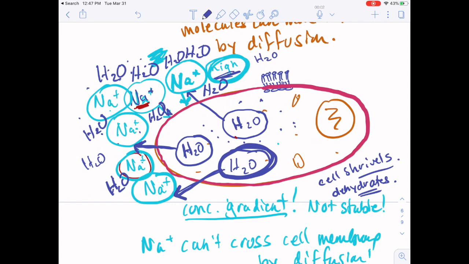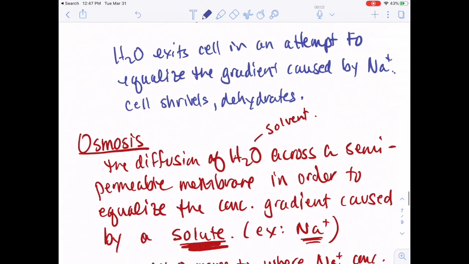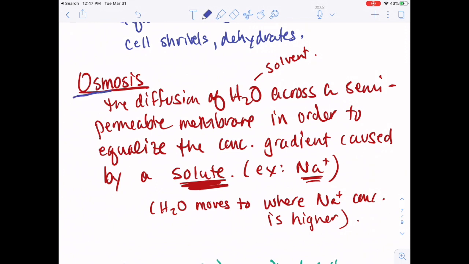by a solute. So let's look at that definition that we got here. Osmosis, right here. Again, these are just all notes from last time. We're just rebooting a little bit. Osmosis, the diffusion of water, which is the solvent, across a semi-permeable membrane in order to equalize a concentration gradient caused by a solute.